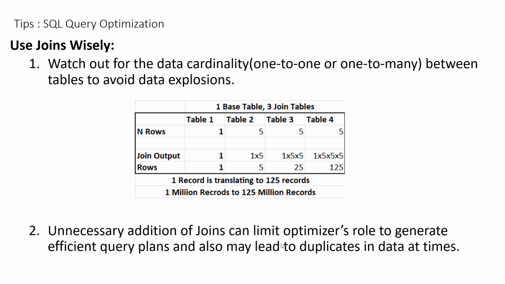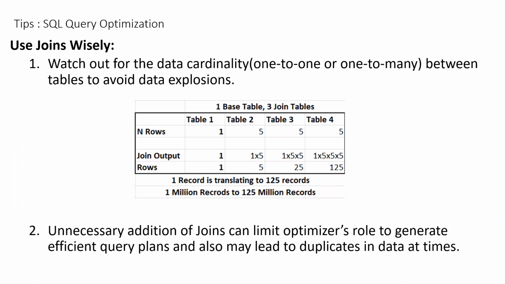The reason is, as I said, the optimizer will be affected by the query that we write, so its optimal output will be affected. The more tables we join, it has been noticed that the efficiency of the optimized plan that the optimizer outputs will keep on reducing. So you should be very thorough that if you're joining a table in a query, you make sure that it is a must.